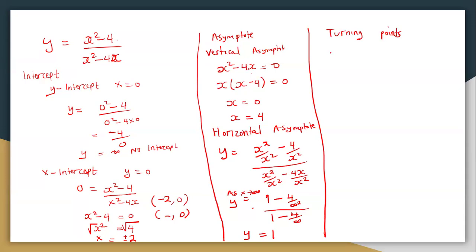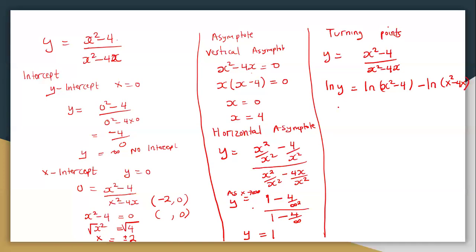So we will have y equals x squared minus 4 out of x squared minus 4x. Here we are going to introduce ln. So I have ln of y equals ln of x squared minus 4 minus ln of x squared minus 4x.